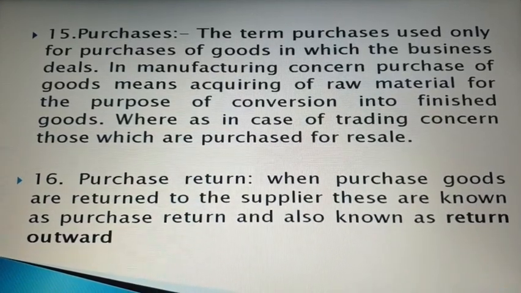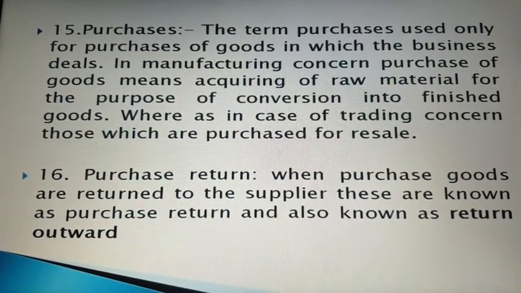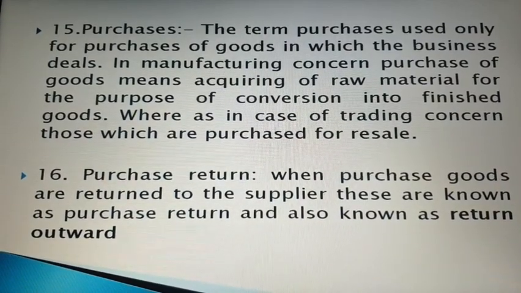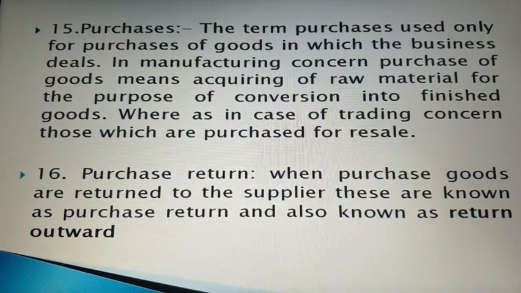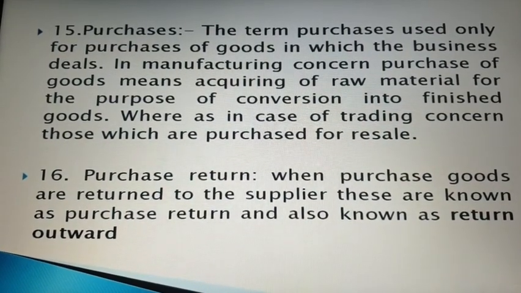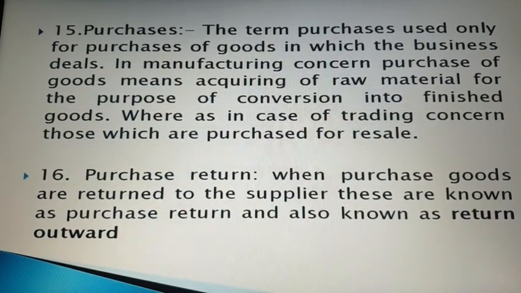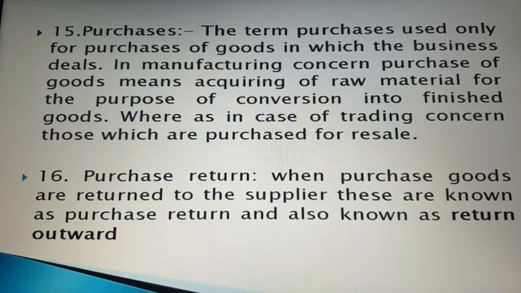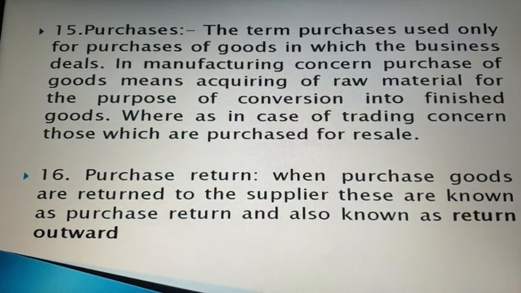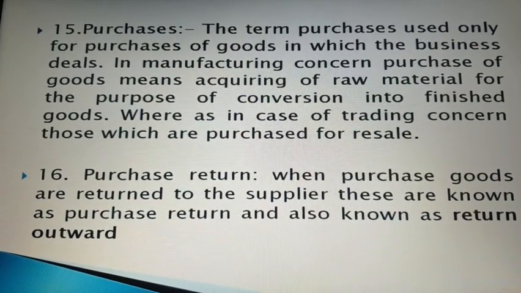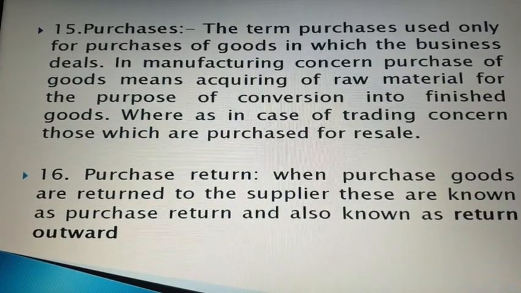So this is called purchase. But in case of a trading concern, you need not convert any goods. You directly purchase from outside and again sell to the ultimate consumer. So in case of a trading concern, purchases are those goods purchased for resale. From the combined definition, we can say those goods which are purchased for resale purpose or in which the business regularly deals are called purchases.